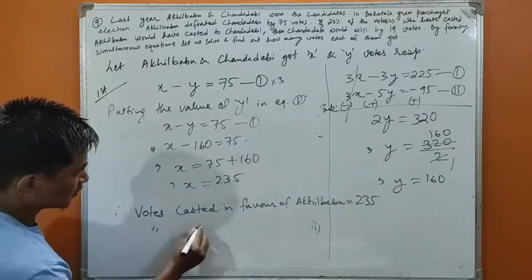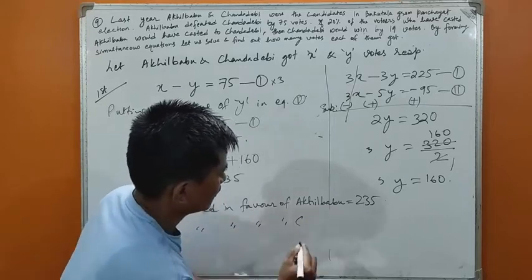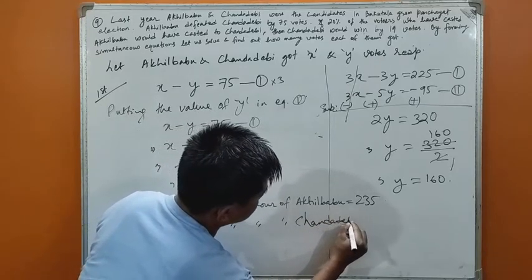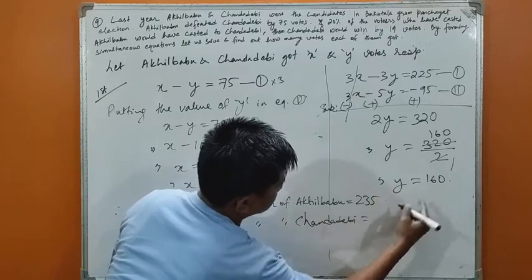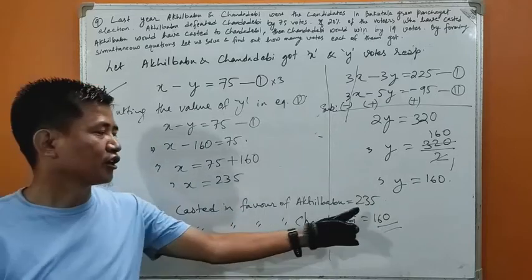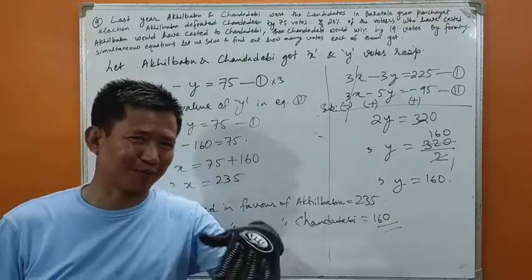And votes casted in favor of Chanda Devi equals 160. So this is the answer for question number 9, okay? Akhil Babu got 235 votes and Chanda Devi got 160 votes. So Akhil Babu won, isn't it?